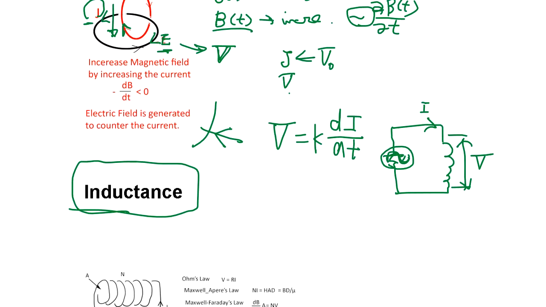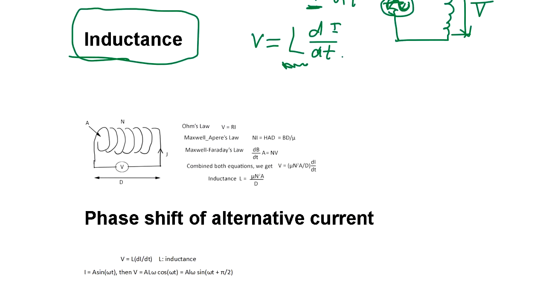This counter voltage is the inductance effect. So voltage is L di/dt. Maxwell's two equations lead to the definition of inductance.